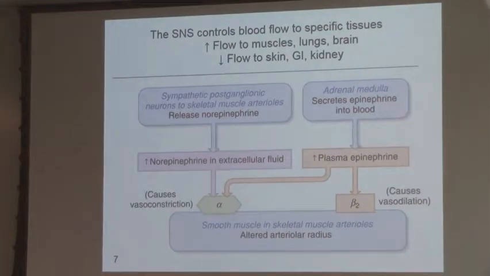So now let's talk about the mechanisms by which arteriolar smooth muscle controls the diameter of arterioles. It controls where the blood goes, and it controls the blood pressure. And we're going to focus on the sympathetic nervous system. So we have norepinephrine and epinephrine, the two hormones, neurotransmitters, of the sympathetic nervous system.